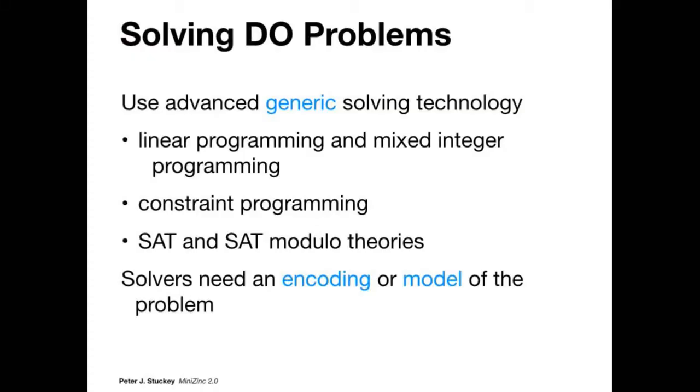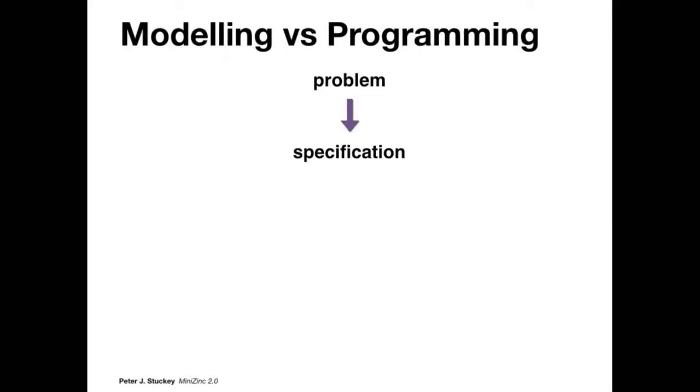This can be linear programming or mixed integer programming or constraint programming, which we've heard about today, or SAT modulo theories or SMT style approaches, right? For any of these approaches, basically we need an encoding or a model of the problem. And that's how we can solve these problems without knowing how, in some sense. If we can just write down a description of the problem and then allow this advanced solving technology to do the work for us, we can solve them without knowing how.